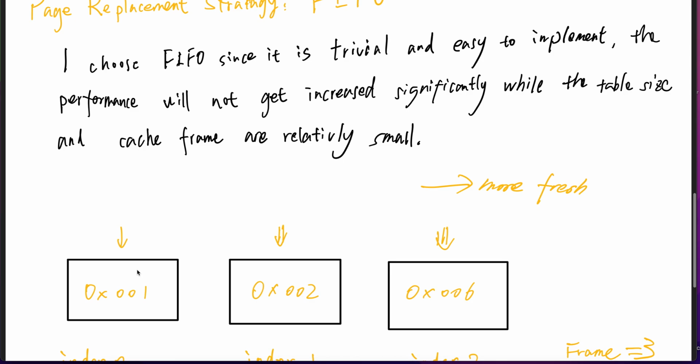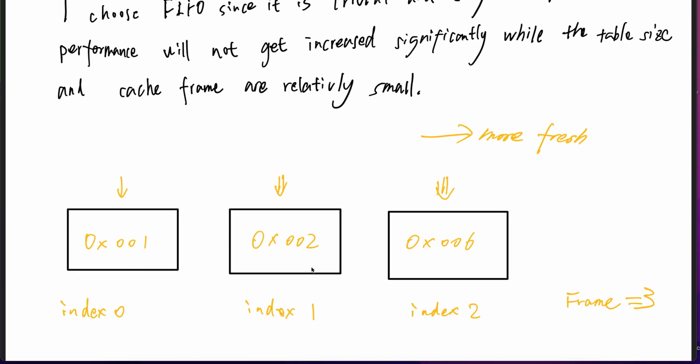When we have this cache, we can put our user's requirements inside of the cache table boxes, and then we keep doing that. When the index gets higher, it means the memory the user acquired is more fresh.